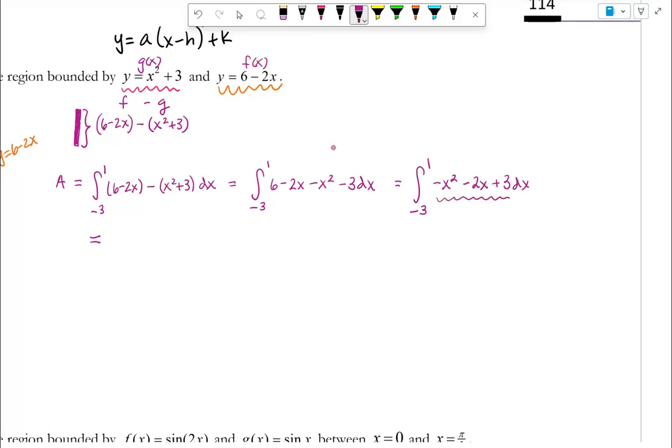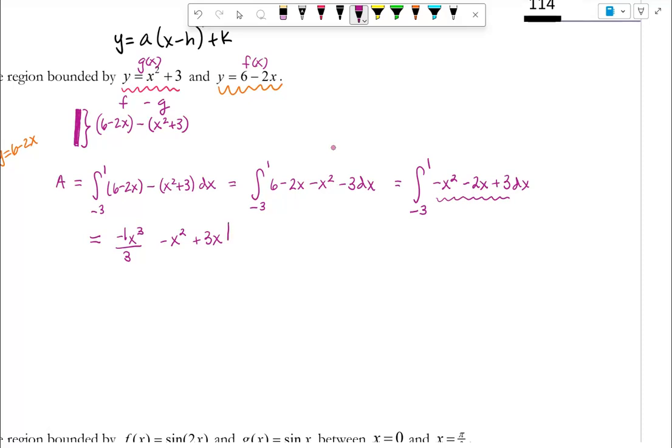How do I integrate? Well, I'm going to use the power rule since I have a polynomial function. So I'm going to add 1 to my exponent and divide by my new exponent. For negative 2x, that becomes negative x squared when I do that. And then we get a plus 3x there.